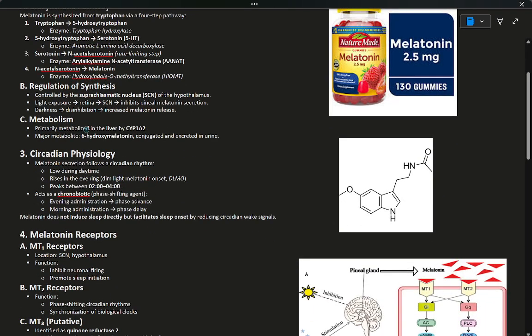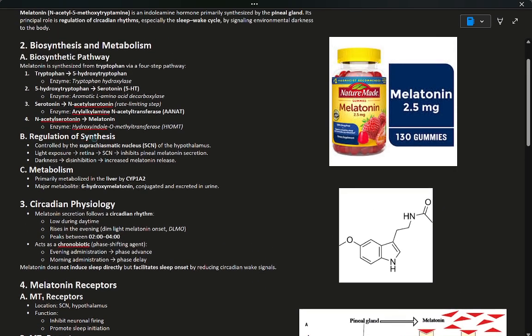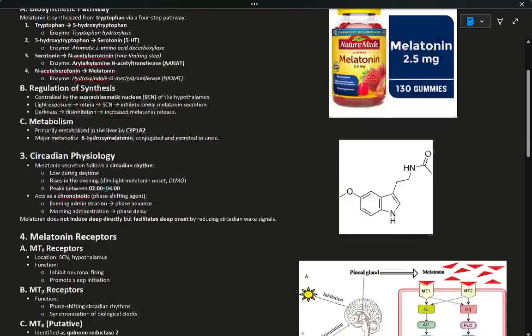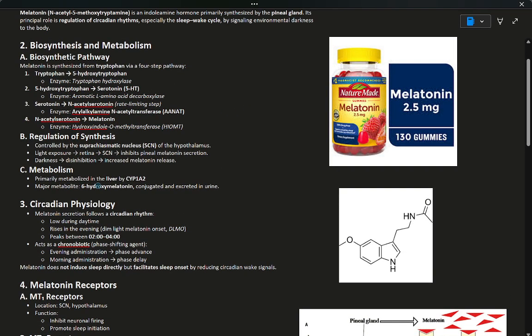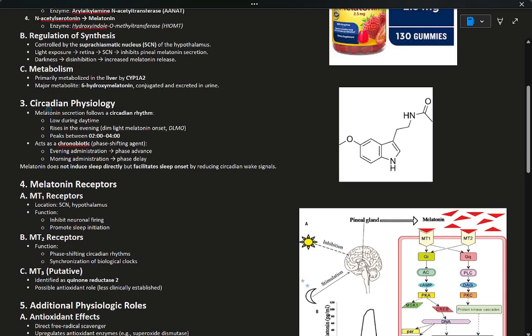This is important to know for pharmacology purposes, or I guess I should say pharmacodynamic purposes, or pharmacokinetic purposes. Yikes. Anyways, let's talk about the circadian physiology behind the operation of melatonin.